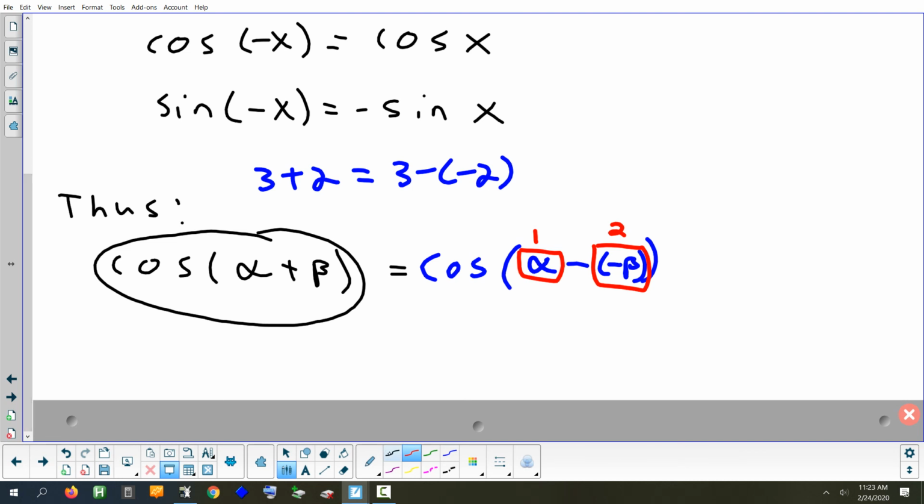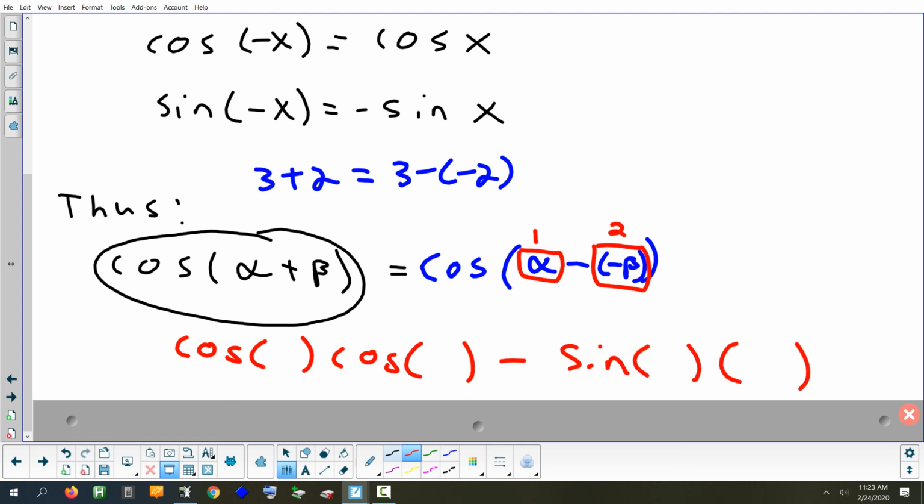All right, so we've got cosine, cosine, minus sine, sine. First, second, first, second. Okay.